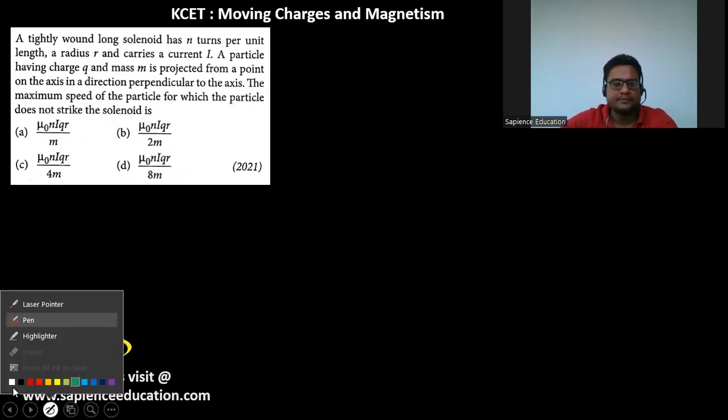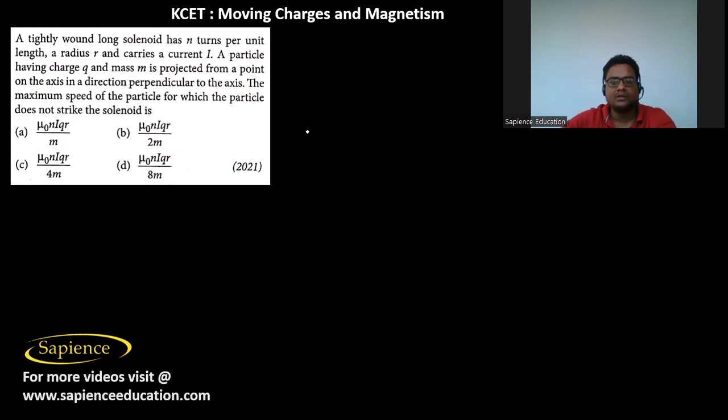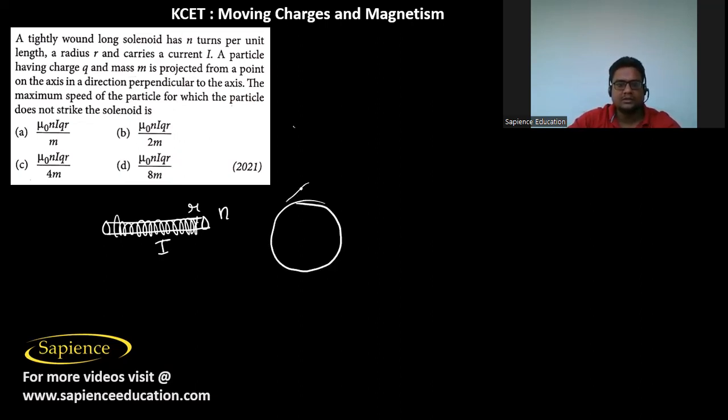Here it is told that a tightly wound long solenoid has n turns per unit length, its radius is r, and it is carrying current I. Here is the cross section of this solenoid.